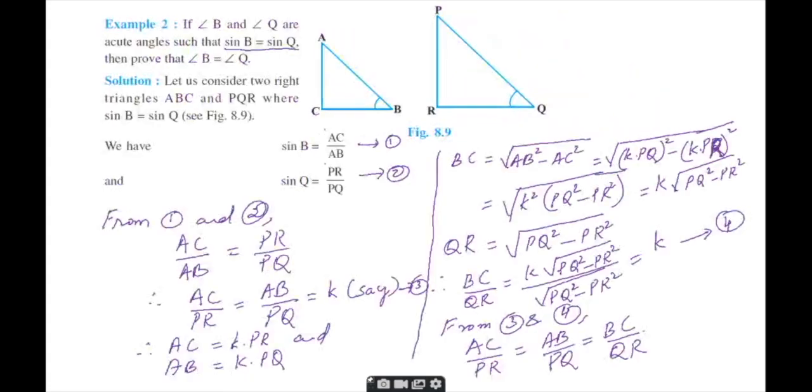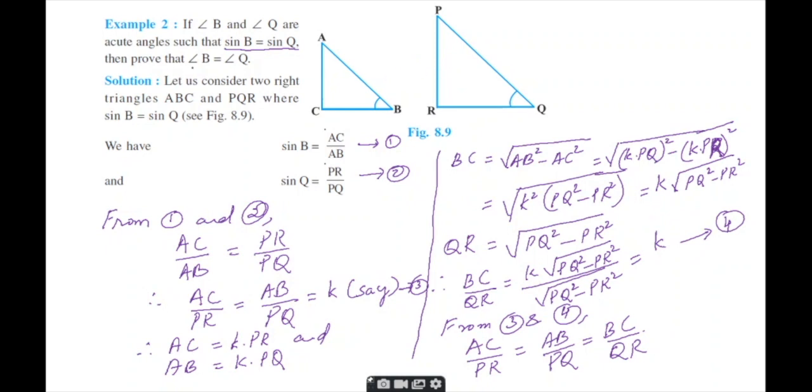So now I hope you have understood the method of proof. It looks difficult, but you should have that idea how to do it. See, from the given ratio sin B is equal to sin Q, we get 2 pairs of sides proportional in these two triangles. But that is not enough to prove the similarity of these two triangles.